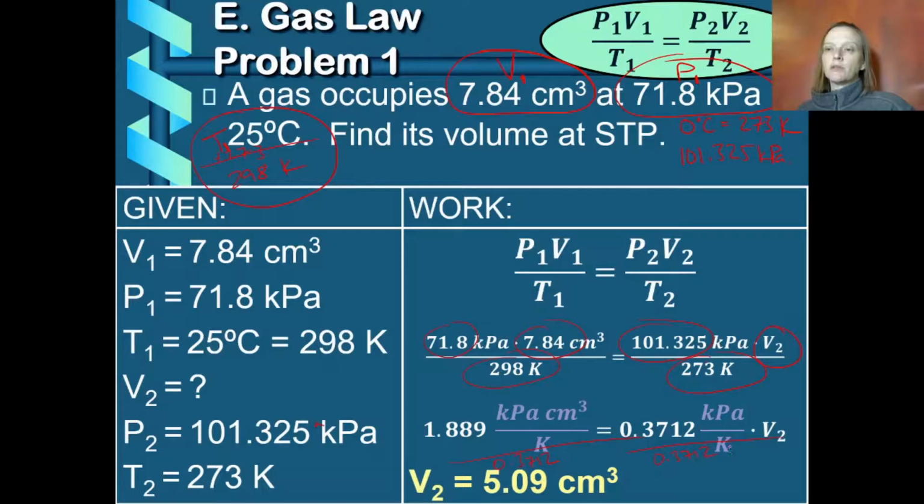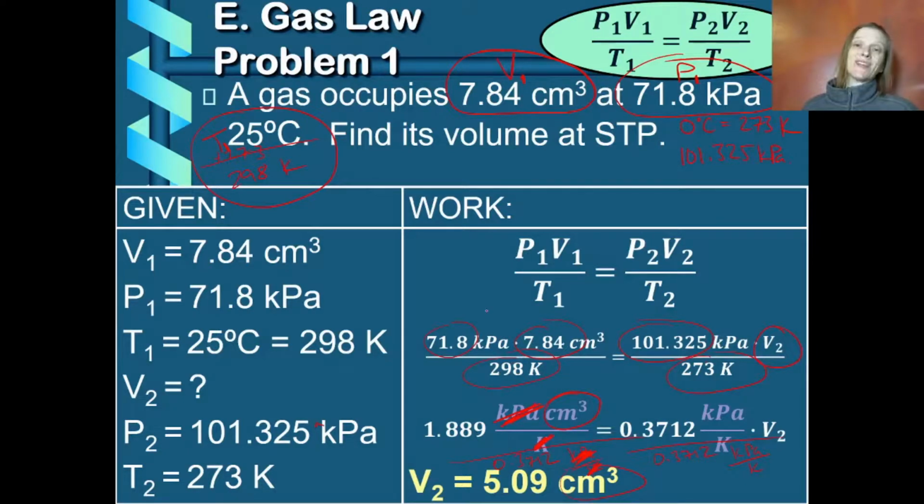Now notice when I divide away, I also divide away the units, so kilopascals per Kelvin over kilopascals per Kelvin cancel out, and that's why the units I'm left with are cubic centimeters.